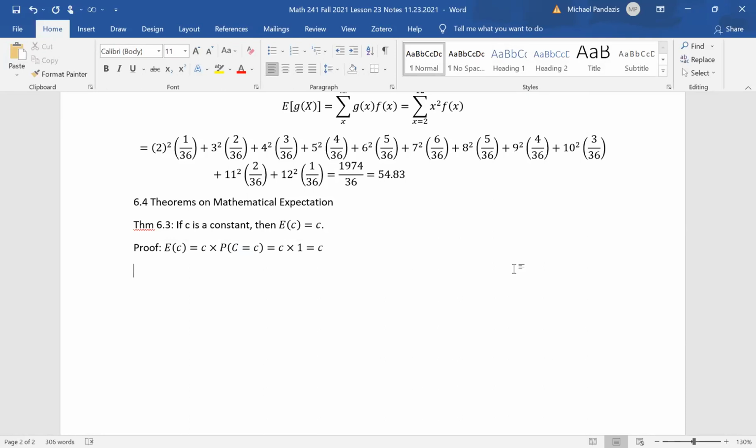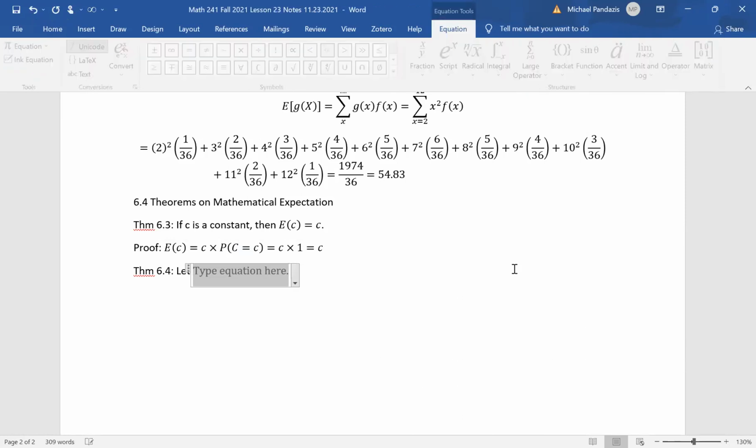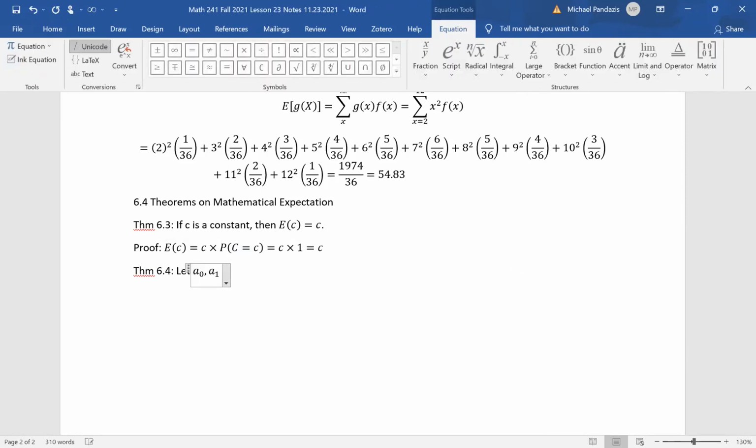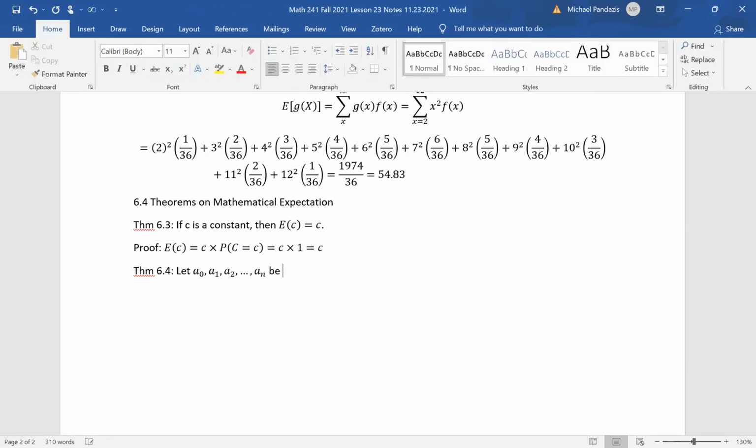Theorem 6.4 is: let a naught, a1, a2, and so forth, up to including an, be constants.